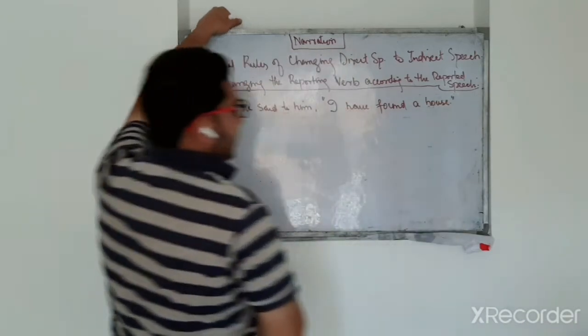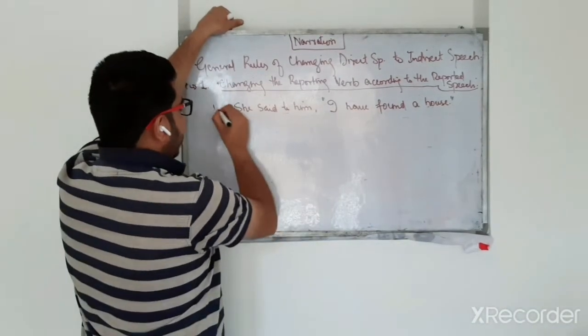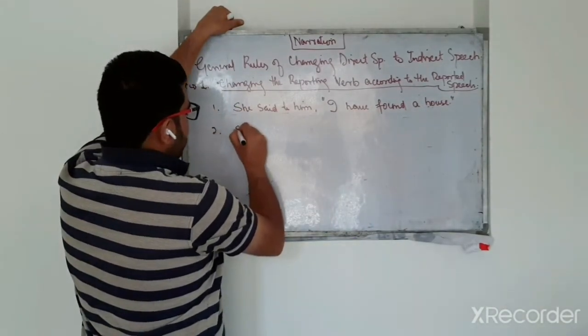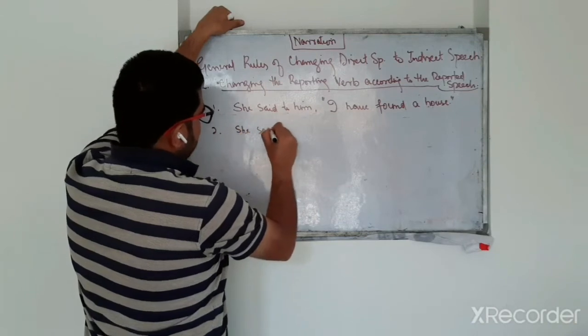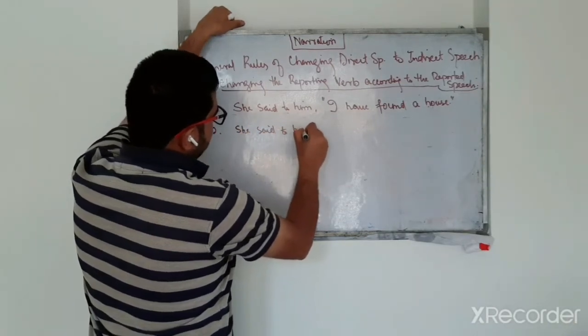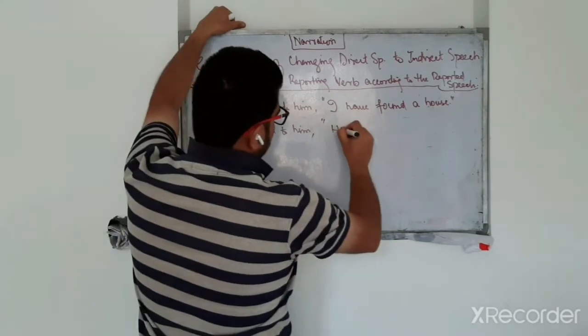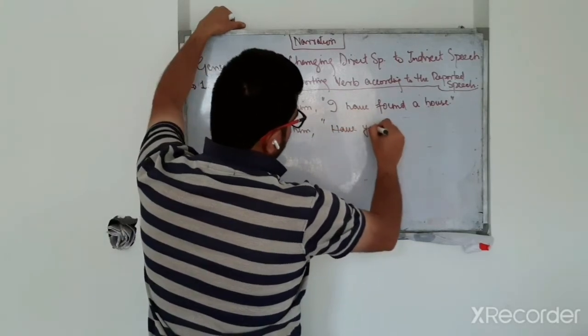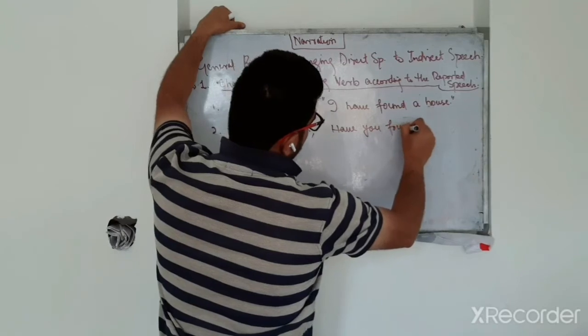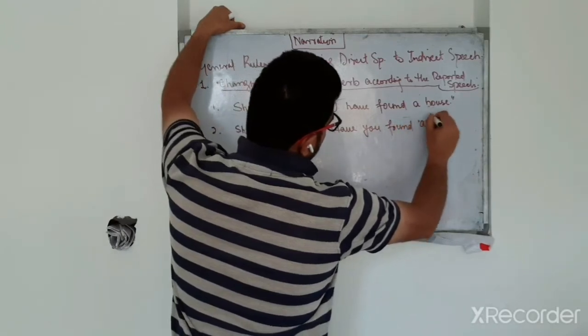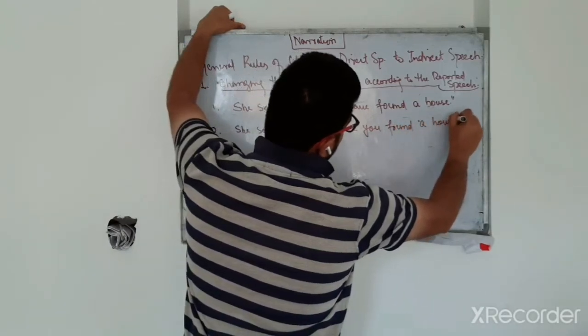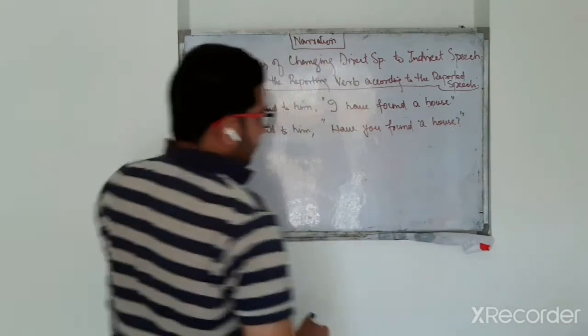I'll write another example. She said to him, have you found a house? Have you found a house?